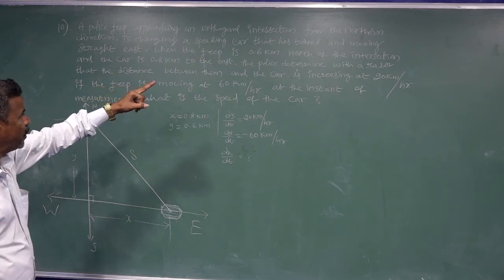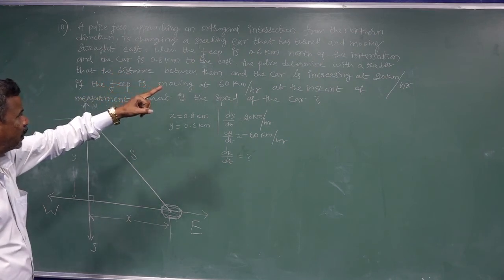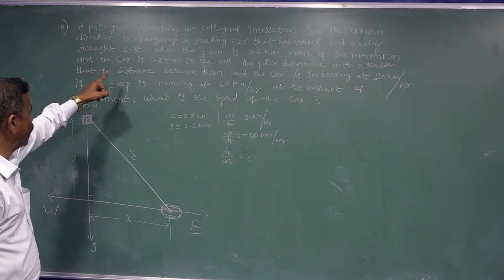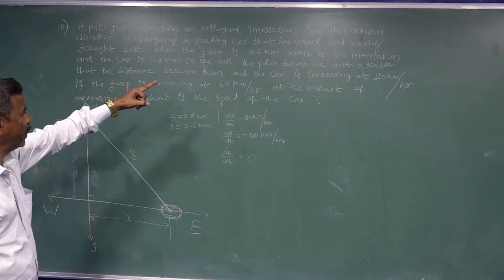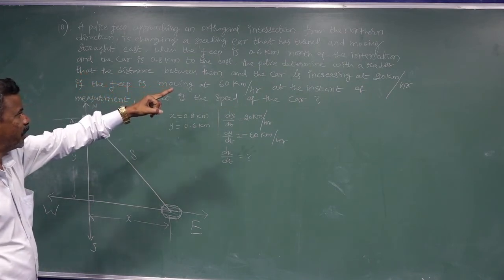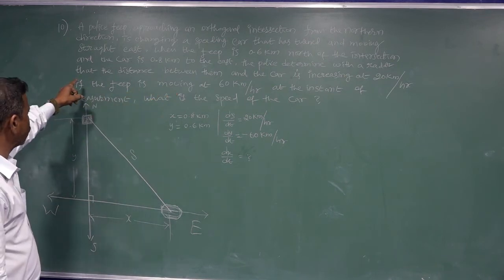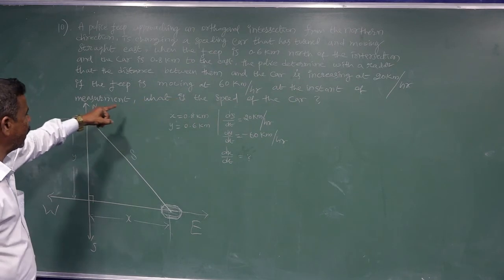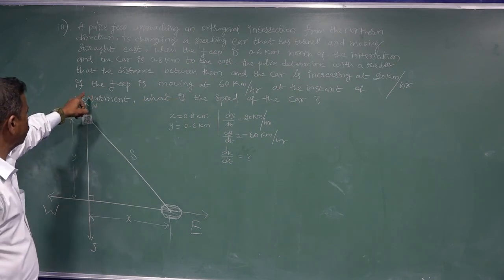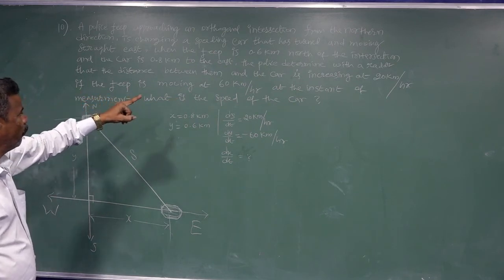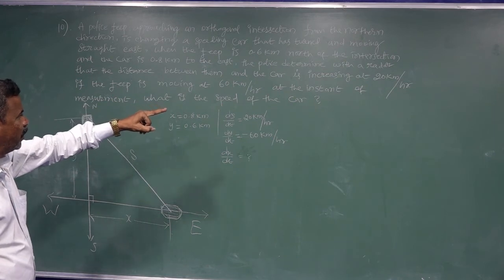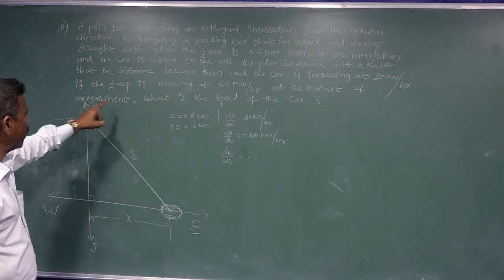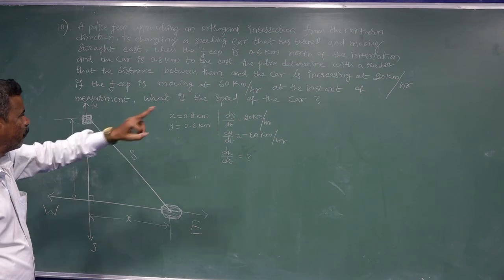When the jeep is 0.6 kilometers north of the intersection and the car is 0.8 kilometers to the east, the police determine with a radar that the distance between them and the car is increasing at a rate of 20 km per hour. If the jeep is moving at 60 kilometers per hour at the instant of measurement, what is the speed of the car?